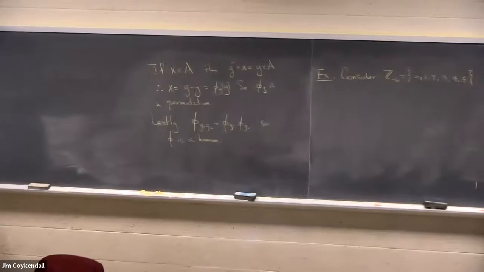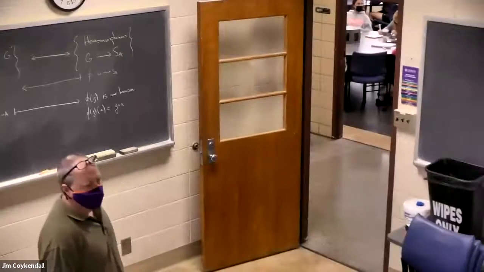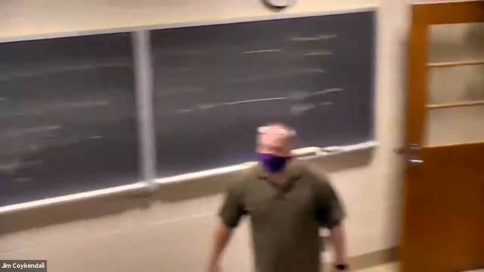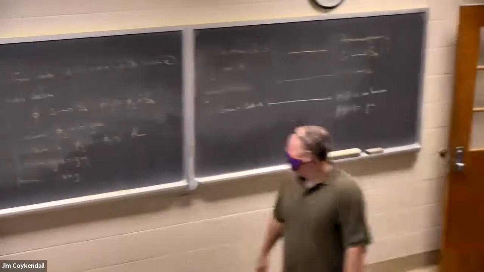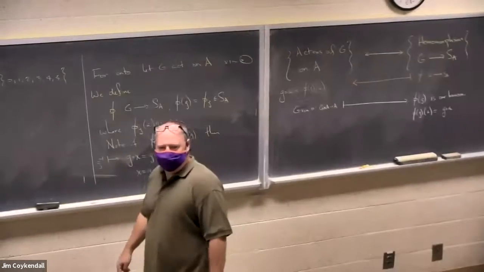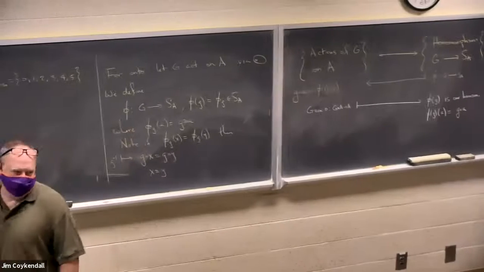Consider the group Z6, the group of order 6 under addition. I'm going to show you how the permutation representation goes.